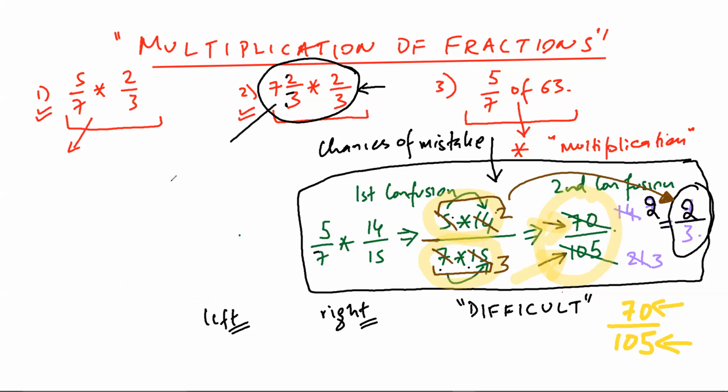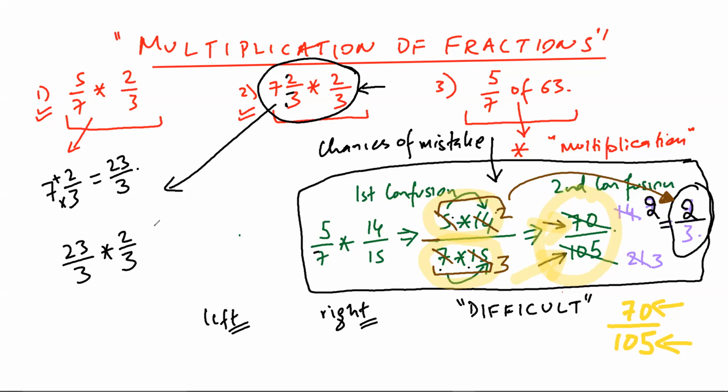So 7 2 by 3 will become 23 by 3. 7 threes are 21 plus 2, 23 by 3. So I'll multiply 23 by 3 into 2 by 3.